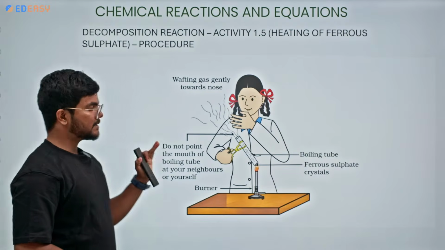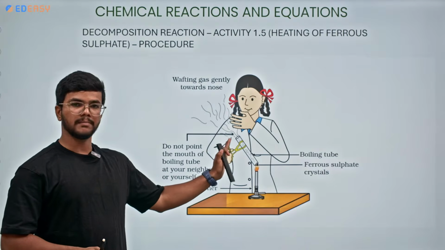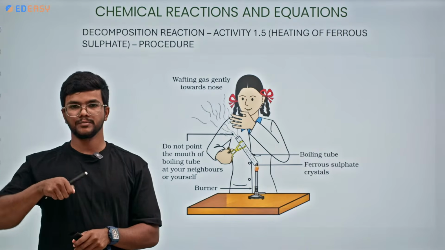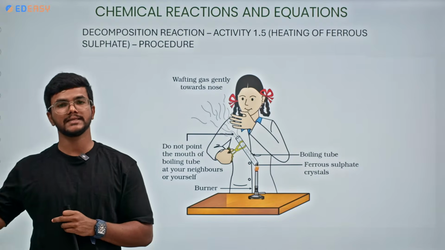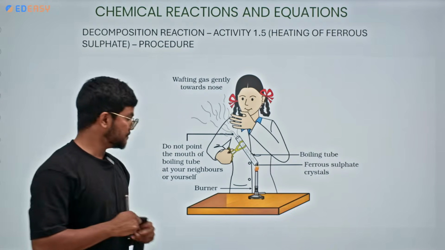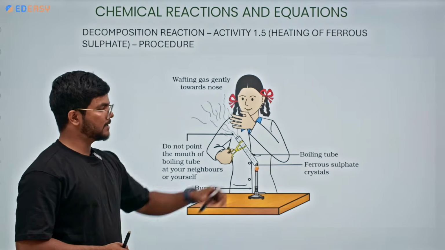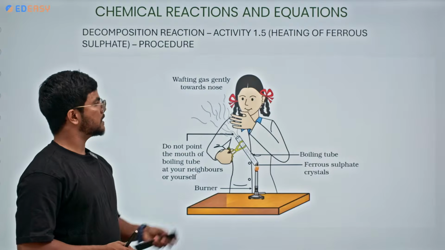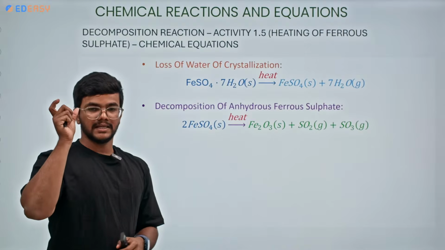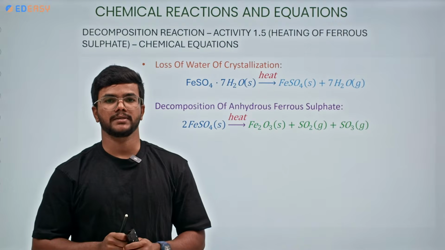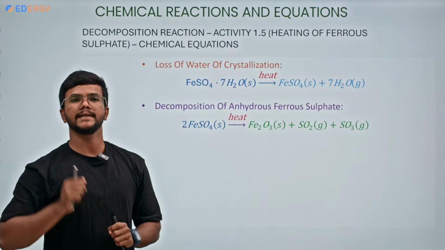Here there is a precaution: never keep the test tube towards your face. It should be in a slanting position, away from your face, because harmful gases are released from the chemical in the experiment. So hold it with the test tube holder and heat it under the Bunsen burner. What observations can you find? Before the reaction, there are some water molecules in the ferrous sulfate. To remove the water molecules, gently heat the ferrous sulfate.